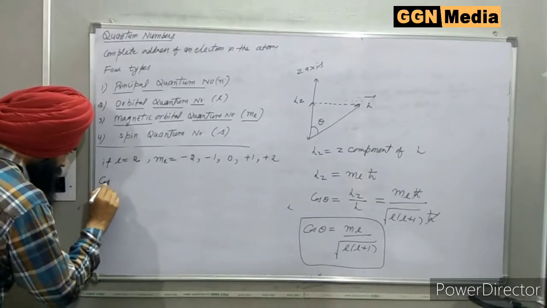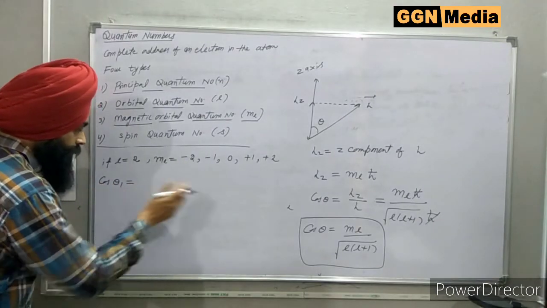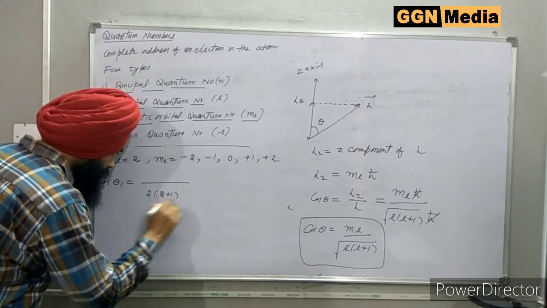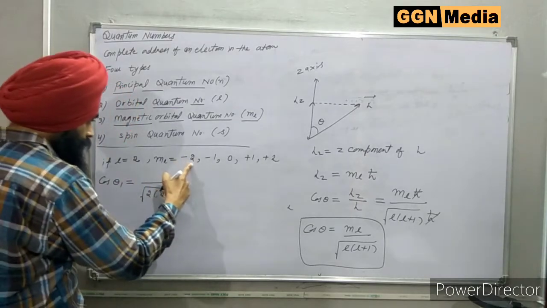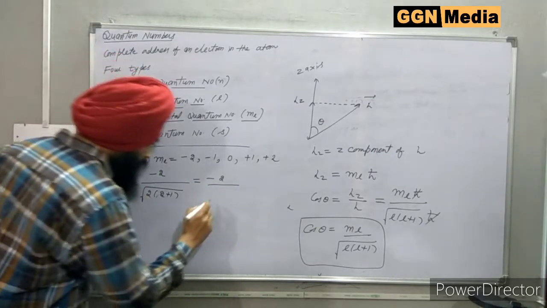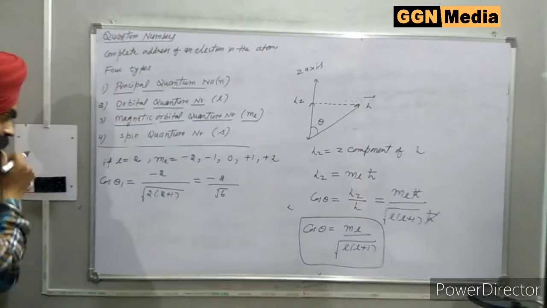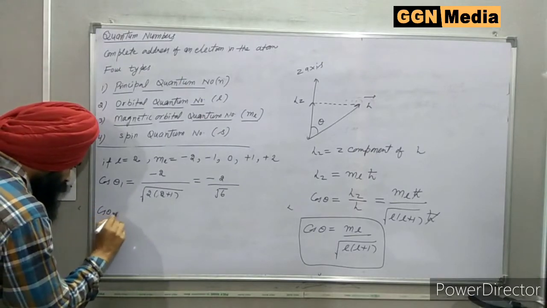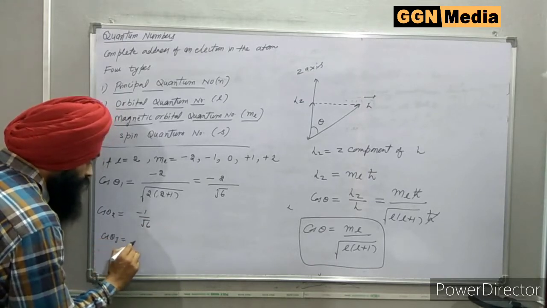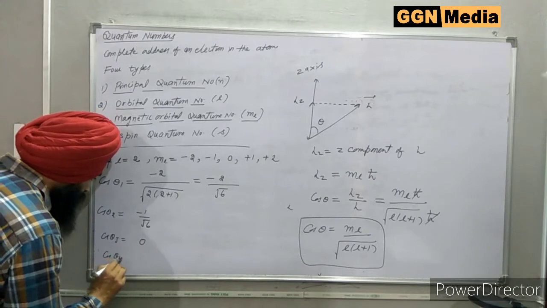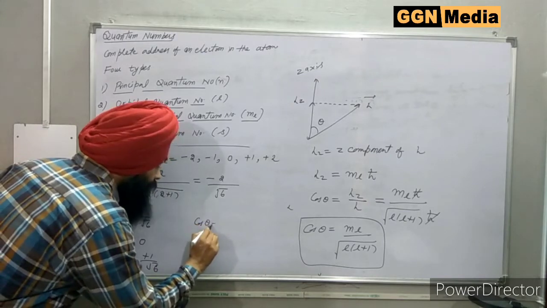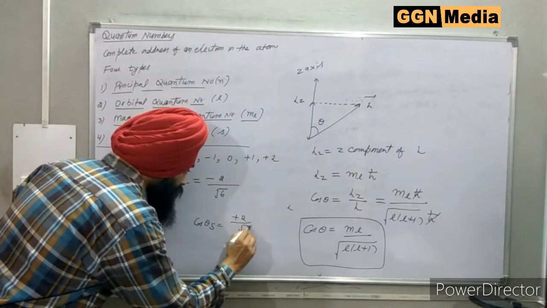Then the orientation: cos theta 1 is equal to minus 2 upon root 6, cos theta 2 is equal to minus 1 by root 6, cos theta 3 is equal to 0, cos theta 4 is equal to plus 1 by root 6, and cos theta 5 is equal to plus 2 by root 6.